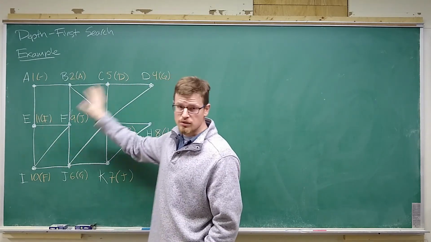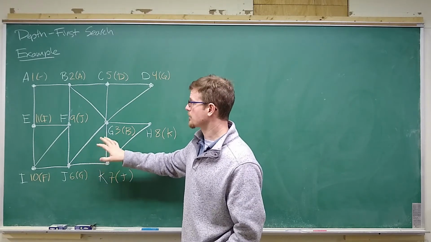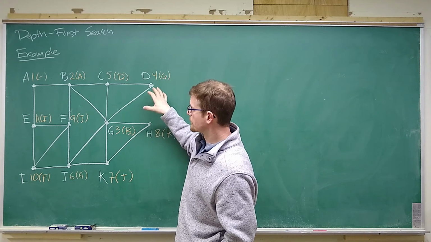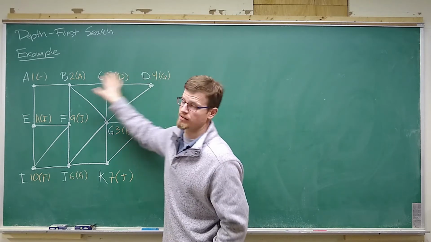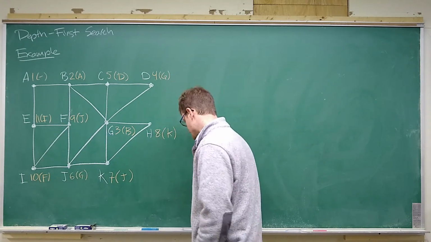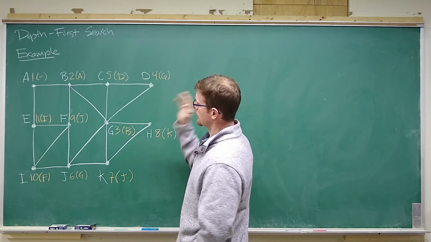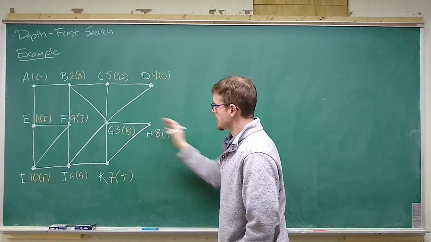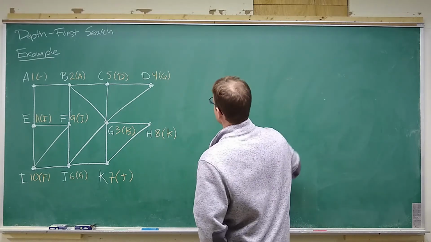So that's one way that you can terminate the algorithm. Otherwise, the algorithm is terminated once all of the vertices have been labeled. All right. So again, we have successfully identified a labeling for each of the vertices.